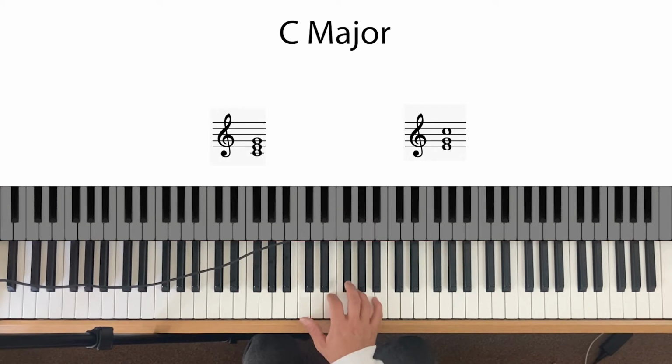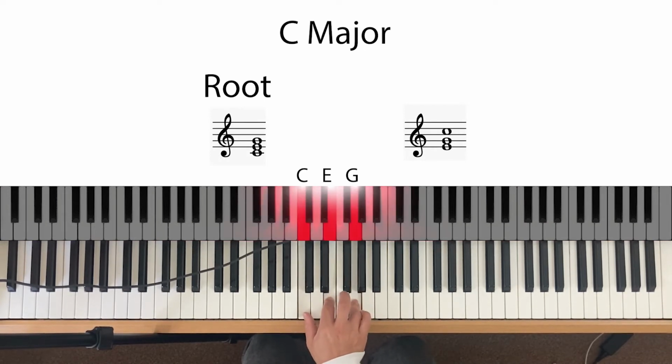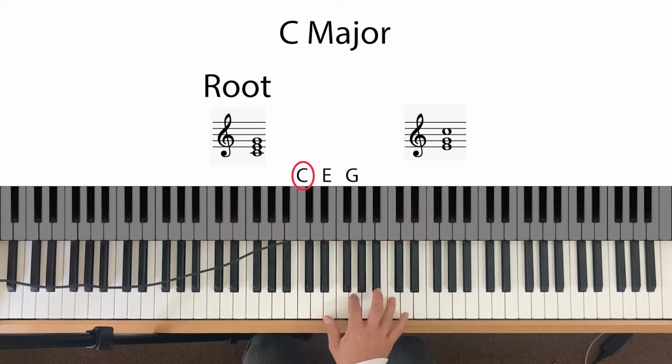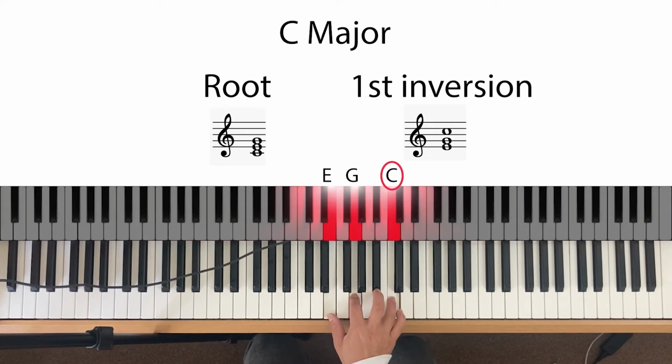Going back to C major, we've done 2 different shapes. We've got the root position, where the root is at the start of the chord. And then we have the first inversion, where the root is now the first note on the right of the shape this time.